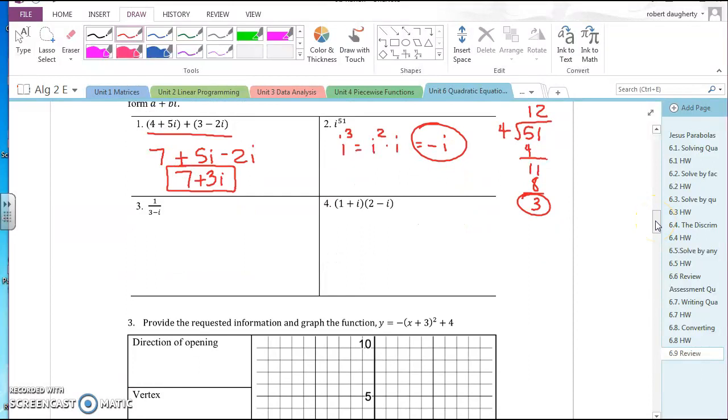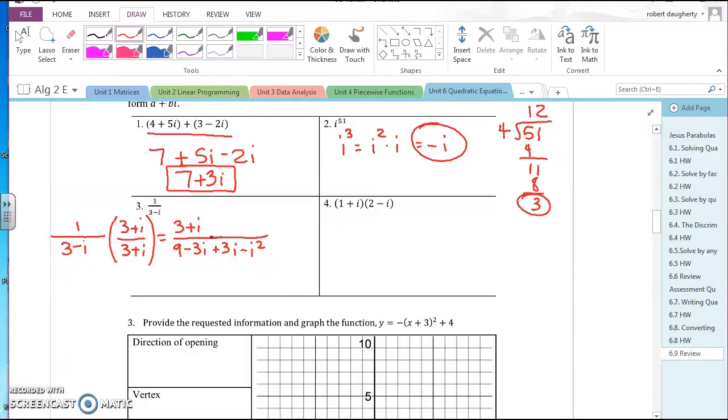1 over 3 minus i. The key to this problem is to multiply by the complex conjugate. So that is 3 plus i over 3 plus i. On the top, you're going to get 3 plus i. On the bottom, when you FOIL that together, 3 times 3, you get 9. You get minus 3i plus 3i minus i squared.